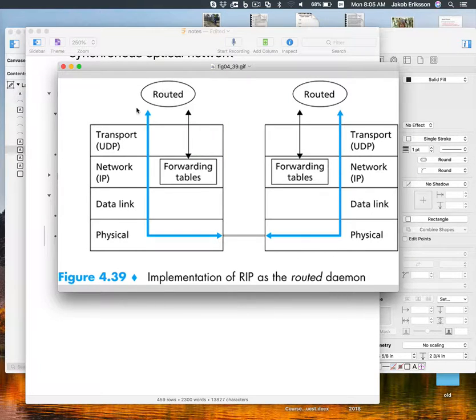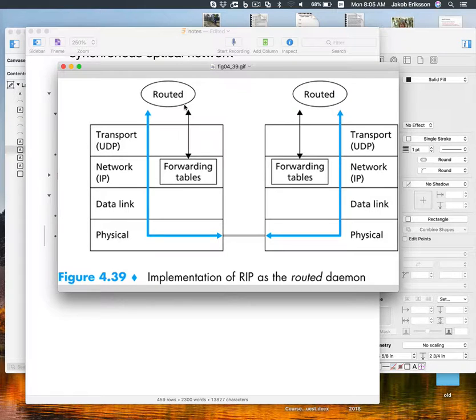It receives UDP packets using the standard transport layer, and is able to talk then to a routed somewhere nearby by sending UDP packets. But then after they exchange some messages, they might find out that, oh, I can send packets to a remote destination via this guy.